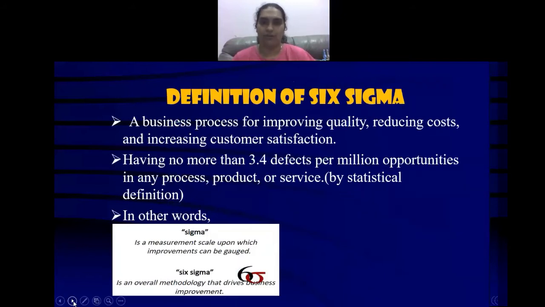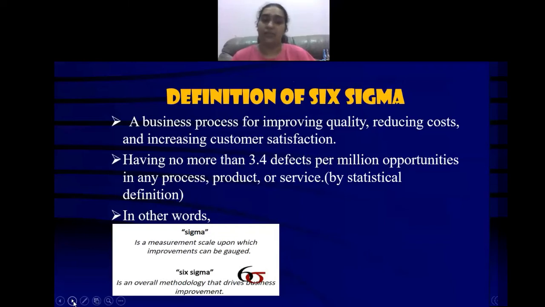Okay, first of all, the first content for the presentation today is the definition of Six Sigma. A business process for improving quality, reducing costs, and increasing customer satisfaction is the main definition of Six Sigma. And the other statistical definition for Six Sigma is having no more than 3.4 defects per million opportunities in any process, product, or services.